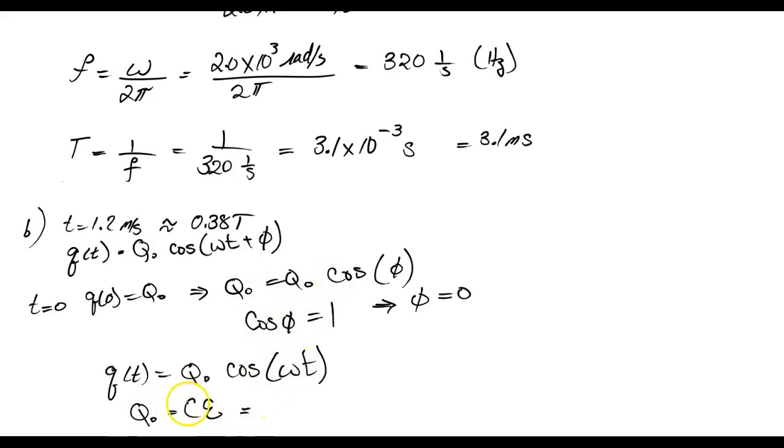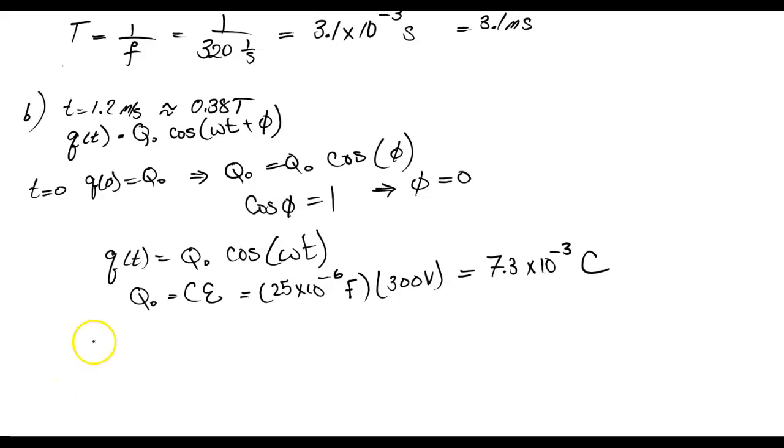The charge is the capacitance times the voltage. So this is 25 times 10 to the minus 6 farads times 300 volts is the voltage. So this gives us a charge of 7.3 times 10 to the minus 3 coulombs.